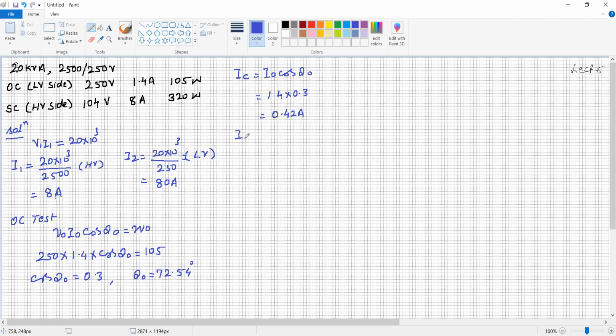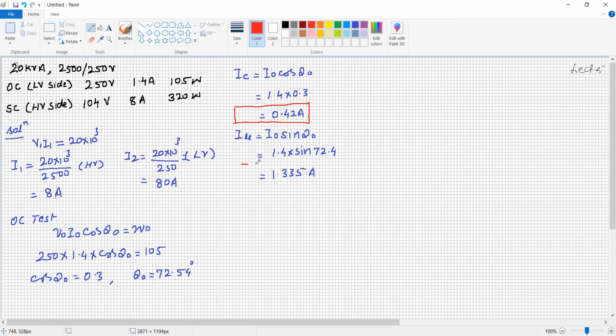Similarly, I mu is equal to I0 sine theta 0, which is 1.4 into sine 72.54, which is equal to 1.335 ampere.